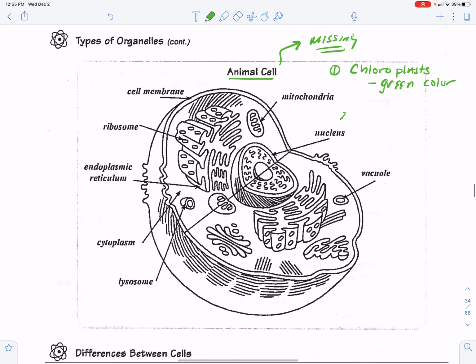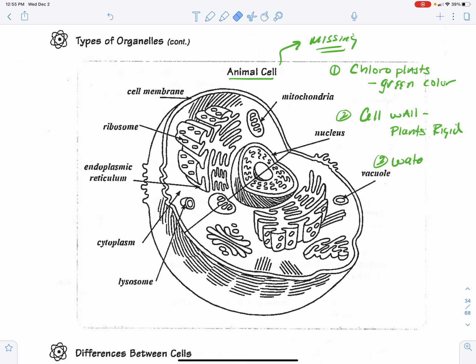A second thing that plant cells have that animal cells don't have is the cell wall. A cell wall gives them rigidity, makes plants rigid, think of a tree. Another thing found inside plants that's not found inside animals is a water vacuole.